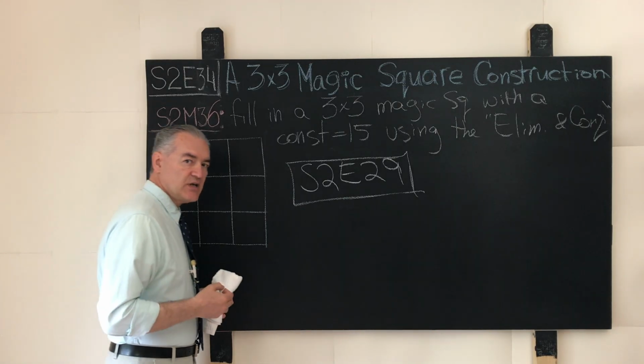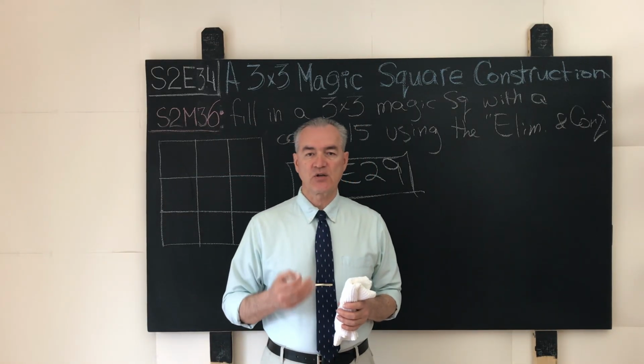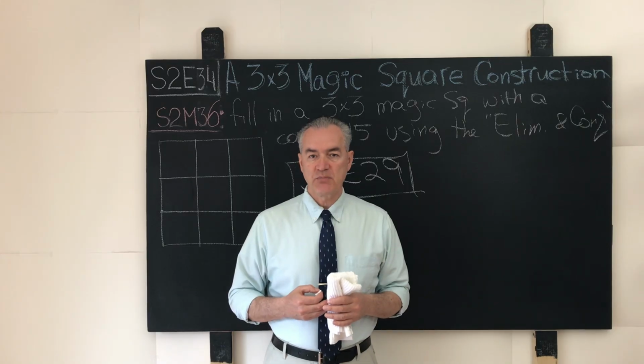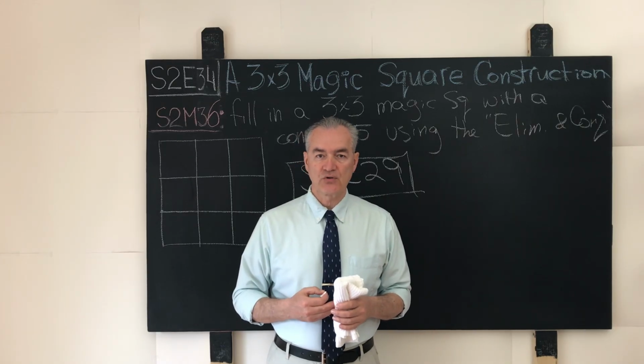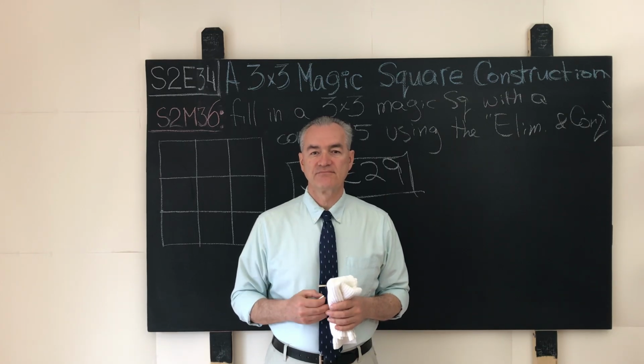And in this episode, we will do precisely that. We will see how the eliminate and conquer problem solving approach can be used in order to fill out a 3 by 3 magic square with a constant of 15.